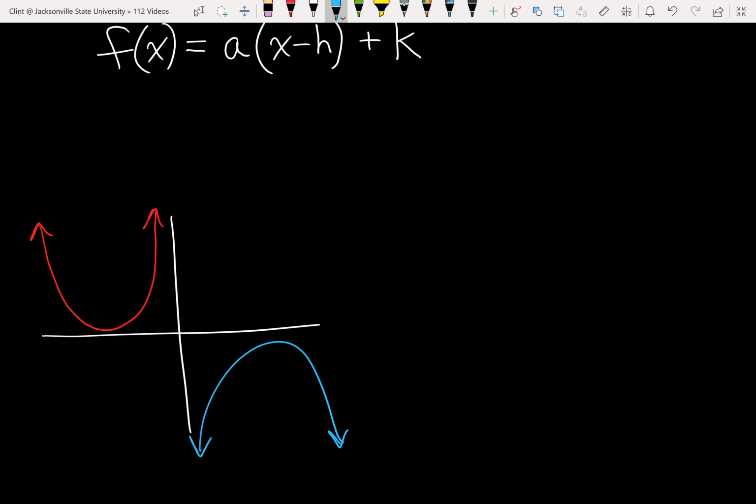Okay, and if we have one that opens upward, then the very lowest point on that graph is what we call the vertex. Or if we have a parabola that opens downward, the very highest point as far as the y-axis goes is what we call the vertex.